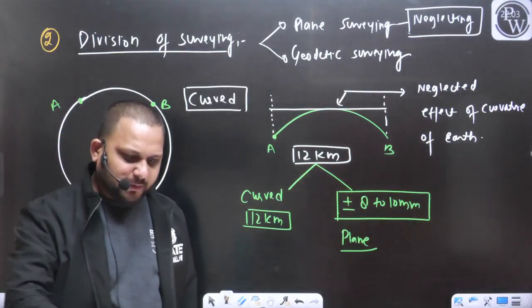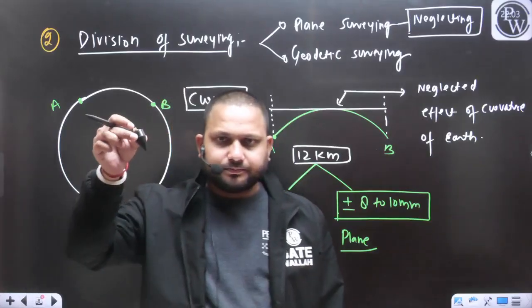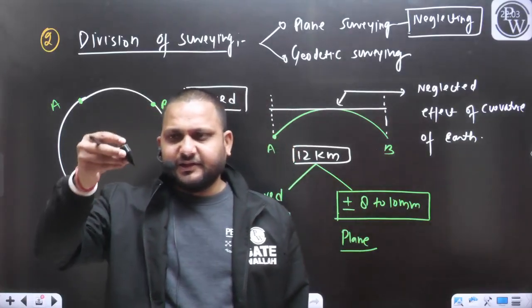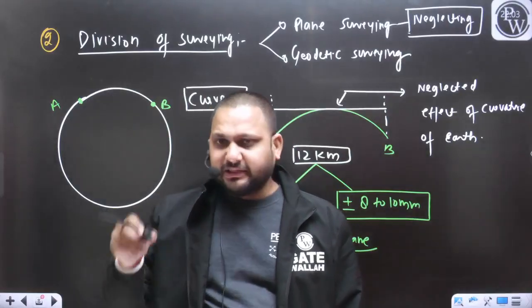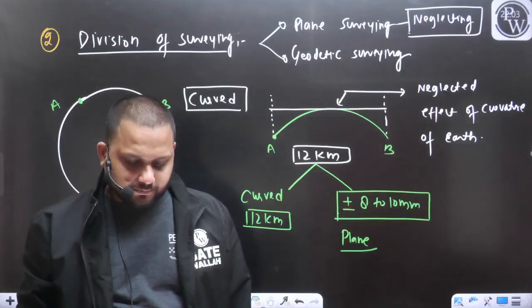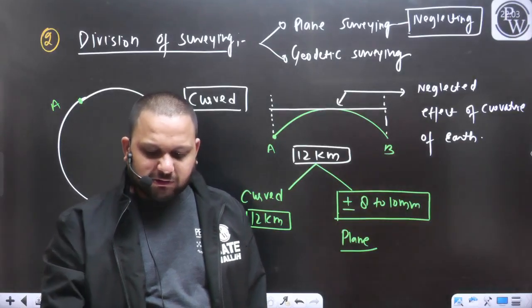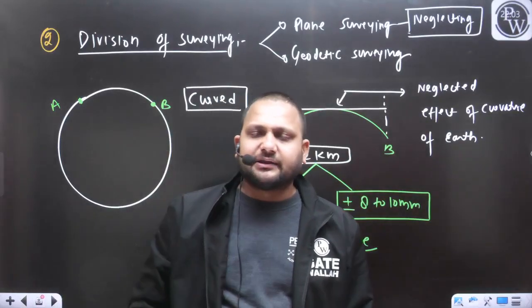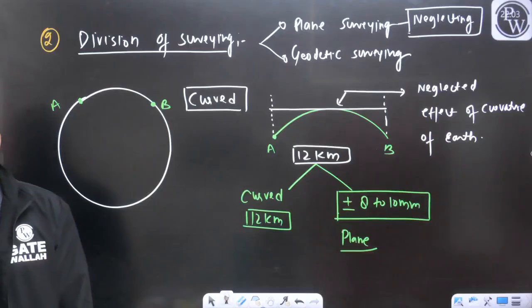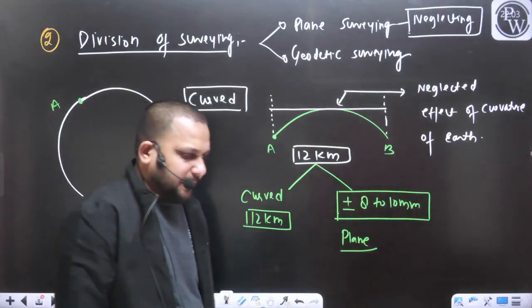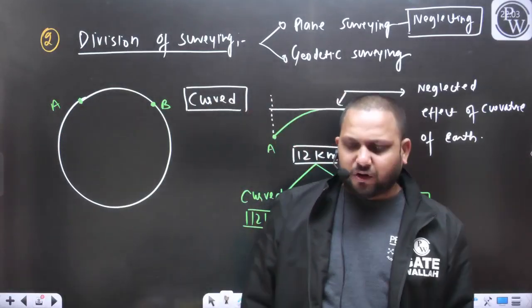This is the instrument known as the plumb bob. With the help of the plumb bob, we can locate the direction of gravity. Yes or no?